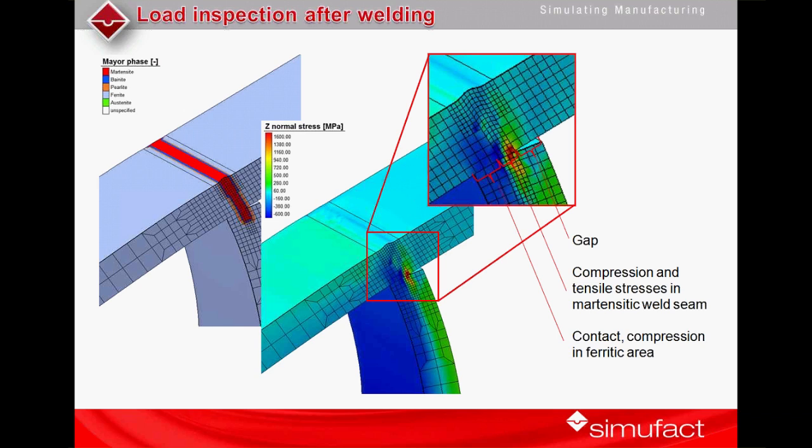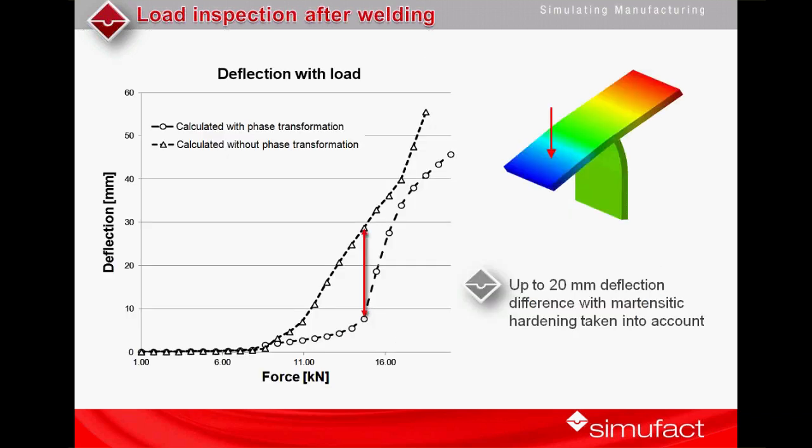While on the left-hand side, even though it did not melt, if you load it up, the simulation automatically detects that there's a contact condition and it will start to build up compressive stresses. So it's a very realistic representation of the welding phenomena and then the structural response to a loading. And the difference between taking the martensitic hardening into account or not is 20 millimeters. So it's a big, big difference.